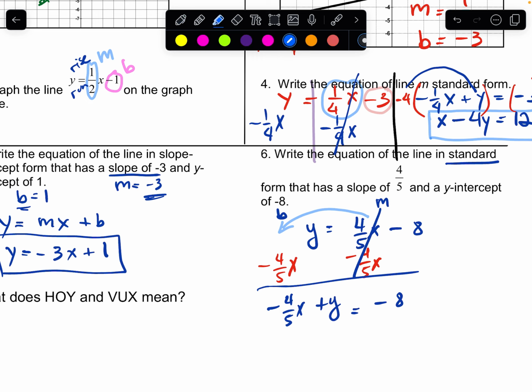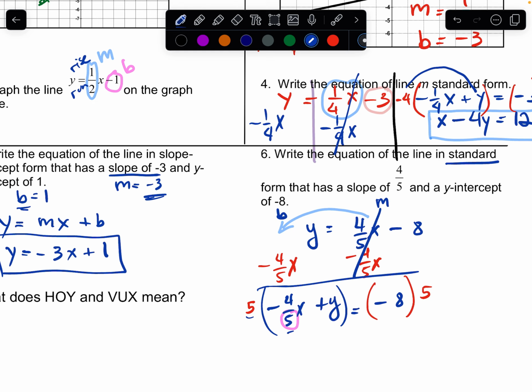Now I want to get rid of fractions. I don't like this 5 here, so I have to get rid of that. So I'm going to multiply all of this by 5, which means I have to multiply this by 5 as well. So now it becomes 5 times negative 4/5. Both of these 5s cancel.